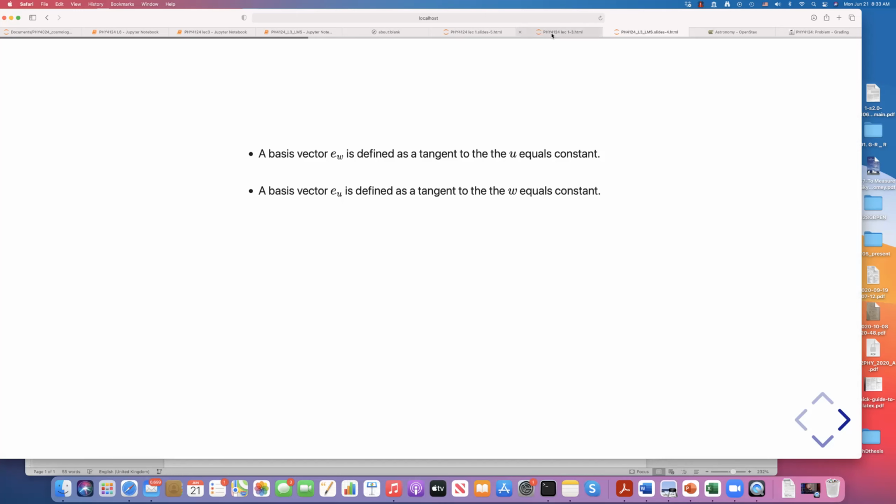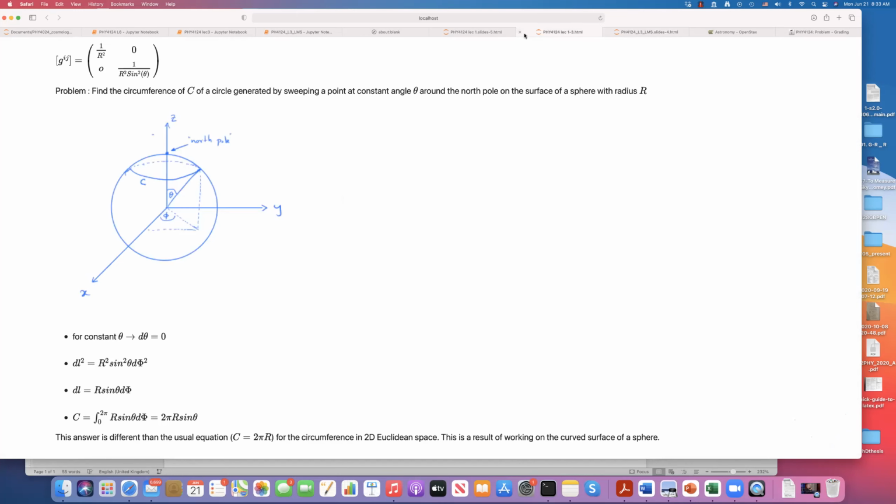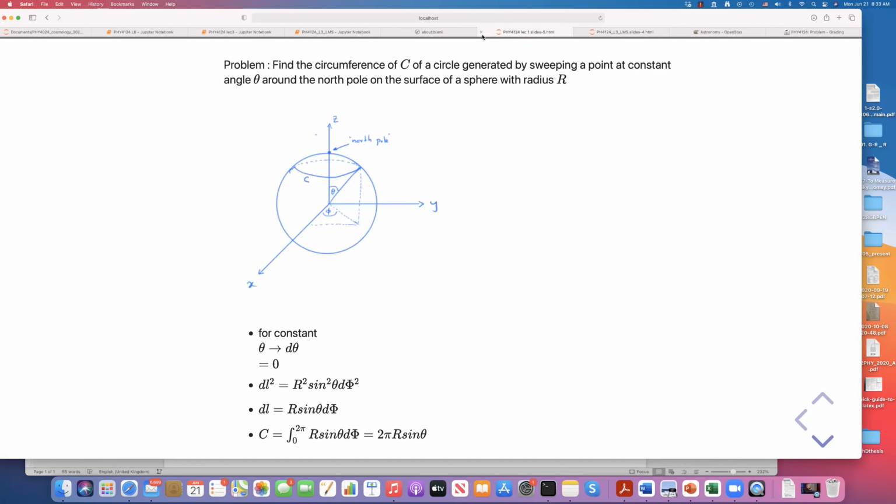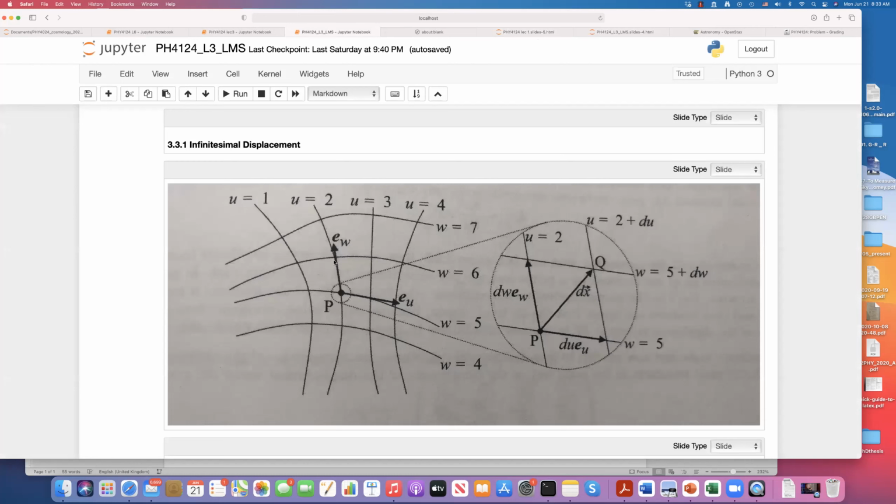So those two are again, here is the U equal constant line, where you have this basis vector EW, and here is the W equal constant line in this direction, where you have this basis vector EU, right?